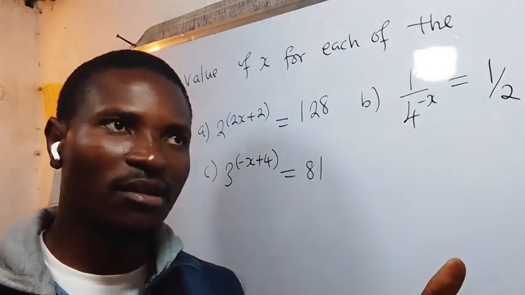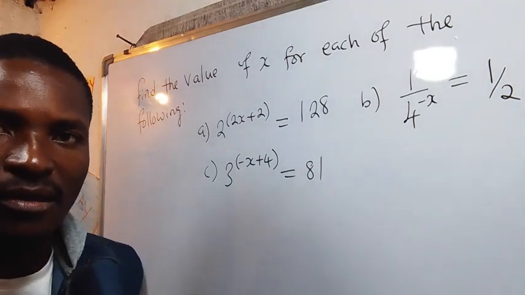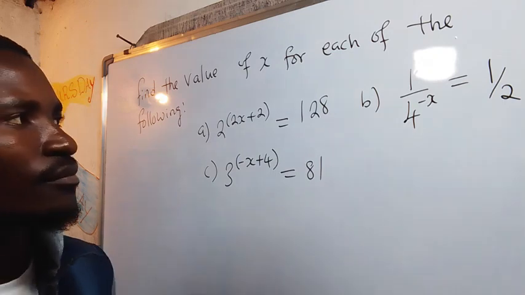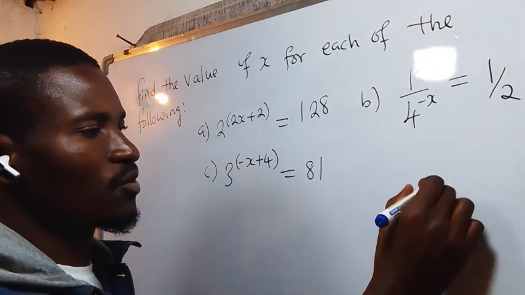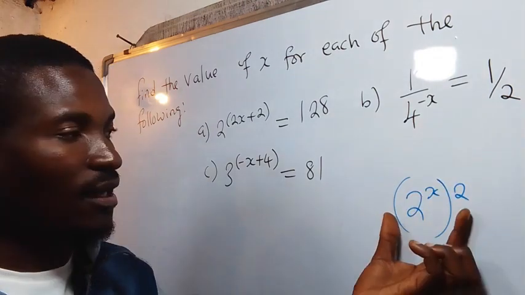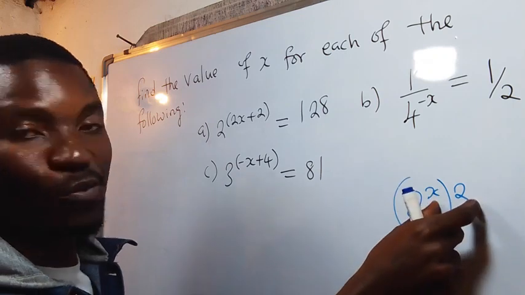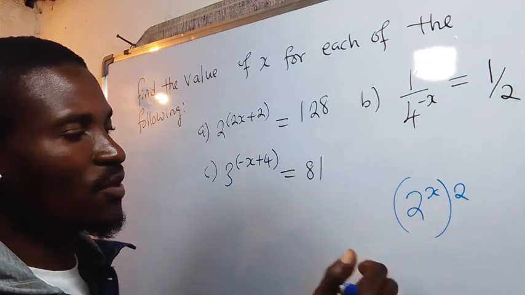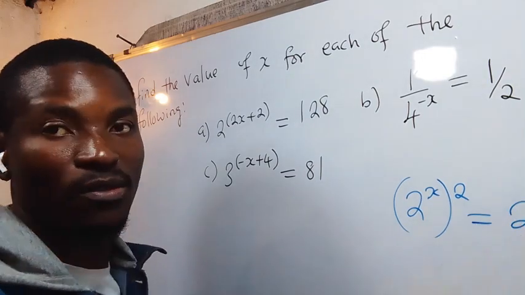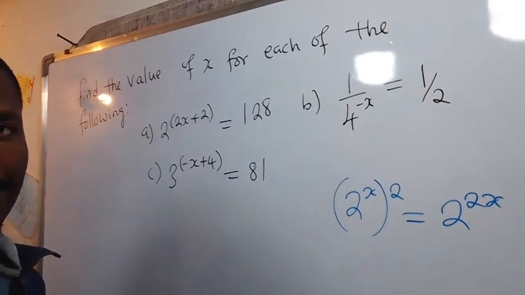And let's say, for example, you have something like this: 2 to the power x, and then there's a power outside. What you just need to do is multiply the two powers, x times 2, and it's going to give you 2 to the power 2x.